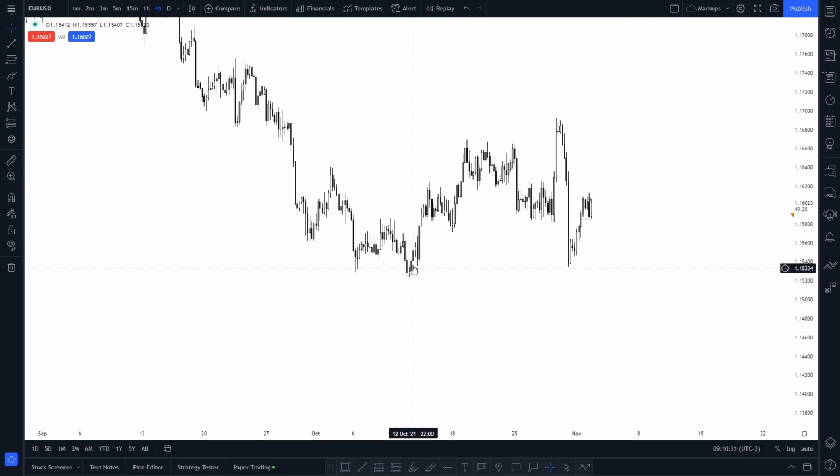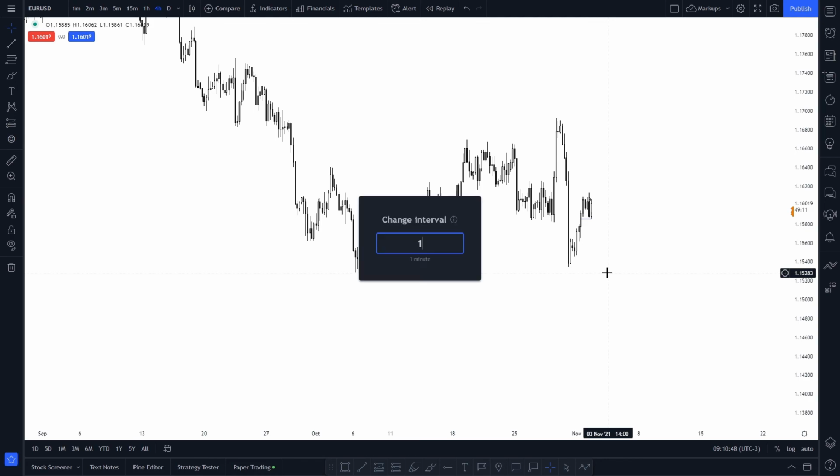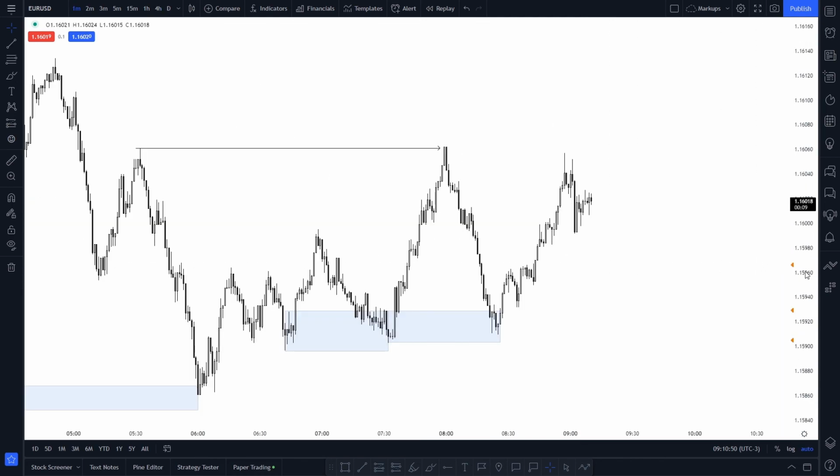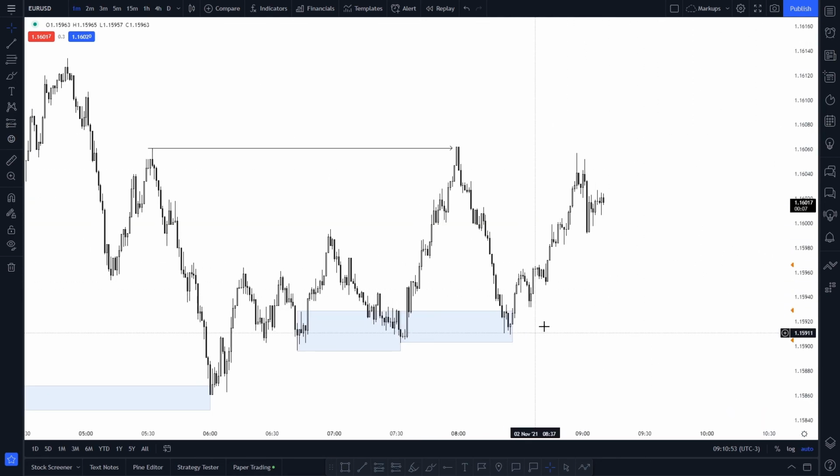In my opinion it could work out, definitely, and could cause somewhat of a reaction, but I prefer to just have the 4 hour order block and know that it could definitely cause somewhat of a reaction due to the 4 hour order block, but probably not just for that 1 minute candle. So that's why I usually stick to current price action and nothing more than that.